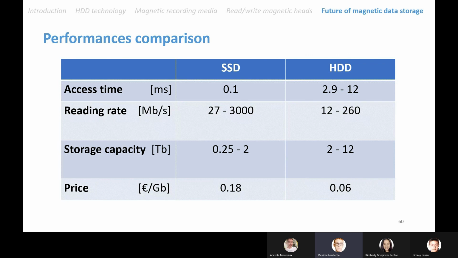Some practical comparison with key figures might be useful. As can be read on the table, the access time is way lower for SSD with 0.1 millisecond than for HDD with an access time between 2.9 and 12 milliseconds. The SSD also reads information a lot faster than the HDD, but the SSD has drawbacks as well.